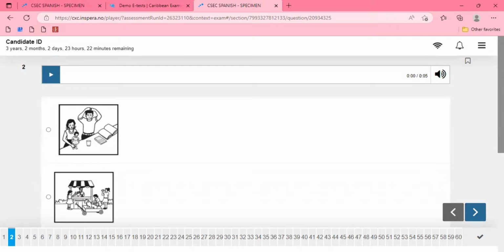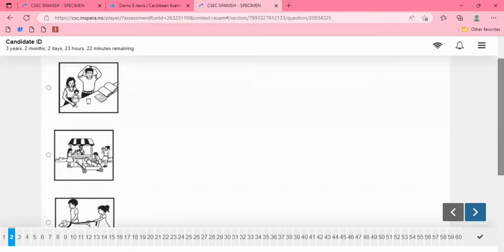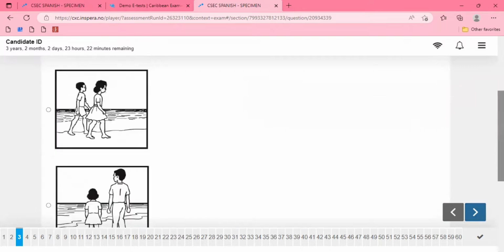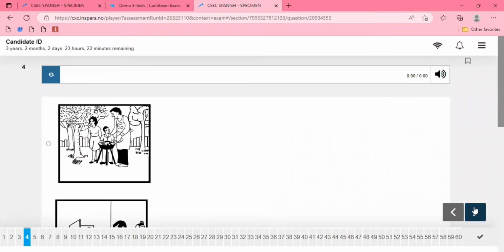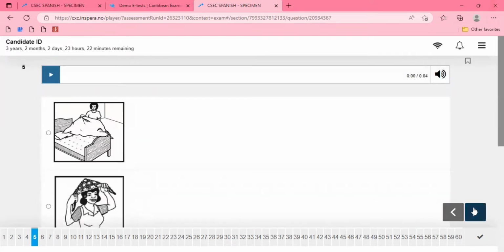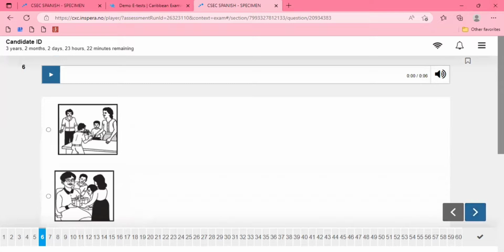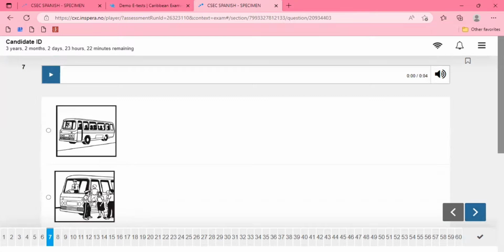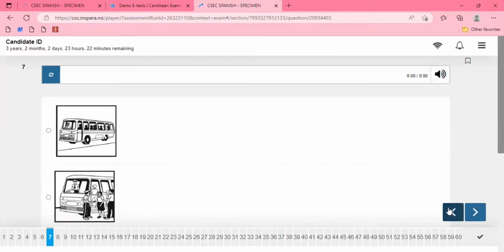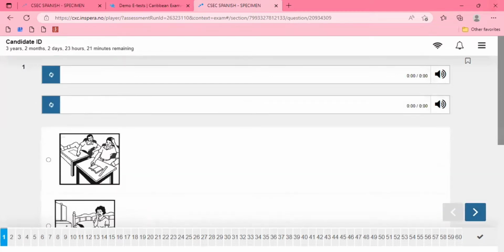So when you're doing your actual exam, you would just take a few seconds to skim through each so that you can familiarize yourself with the options before the reader starts reading the sentences. All right, 2 more. All right. All right, let's go.